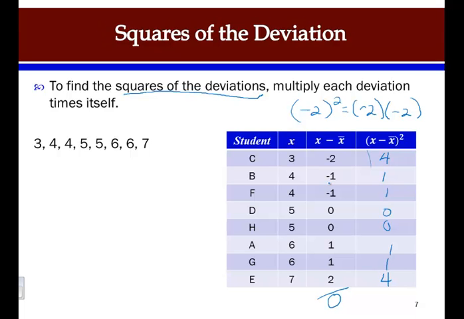And now that none of the values are negative, we can actually add these values together. And we don't get 0, we get a number, and in this case it's 12. So the sum of the squares of the deviations for our problem is 12.